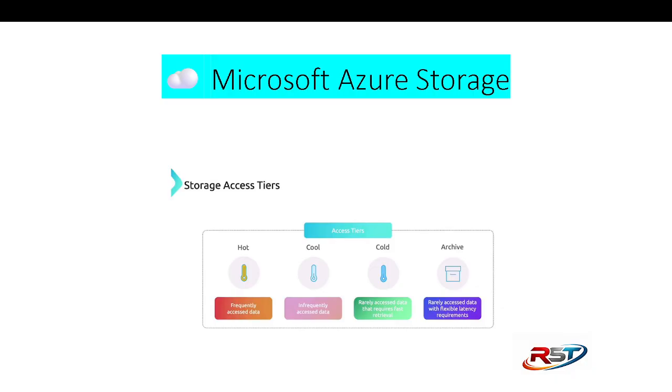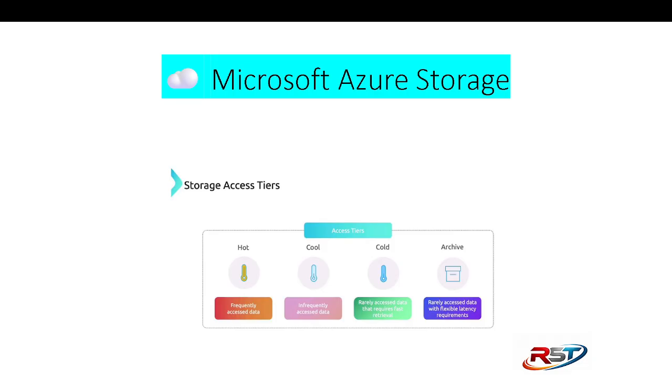Storage access tiers. First one is hot tier, frequently accessed data. Cool tier, infrequently accessed data. Cold tier, rarely accessed data that requires fast retrieval.